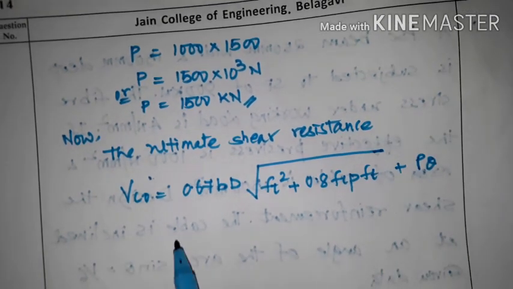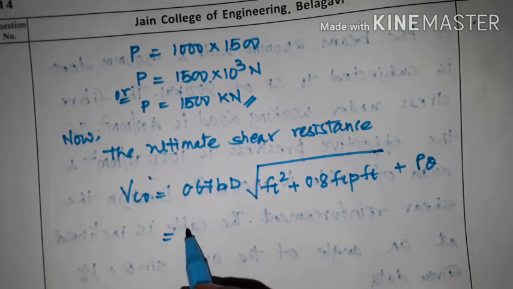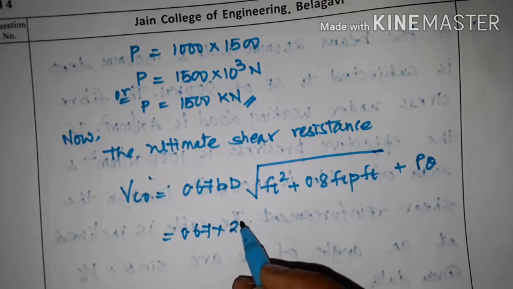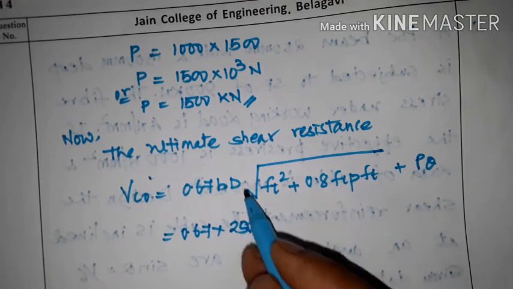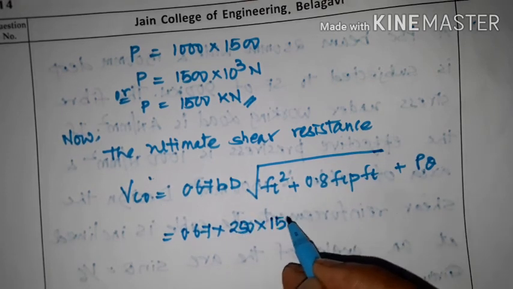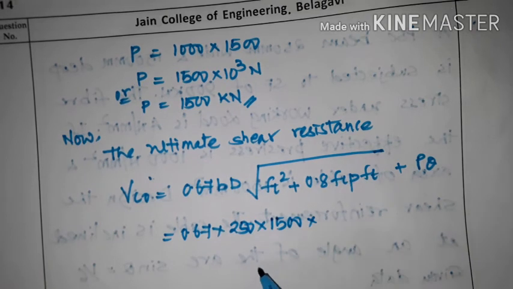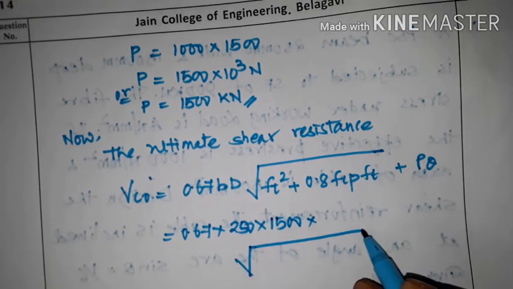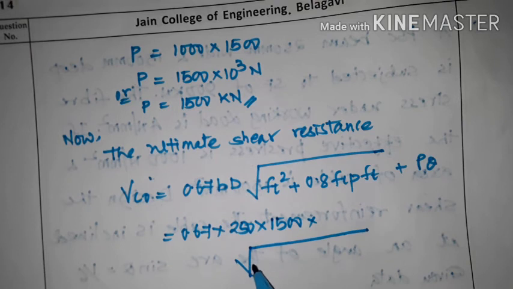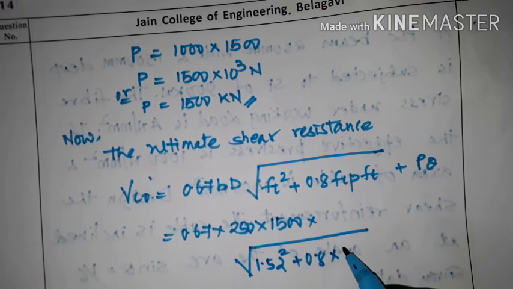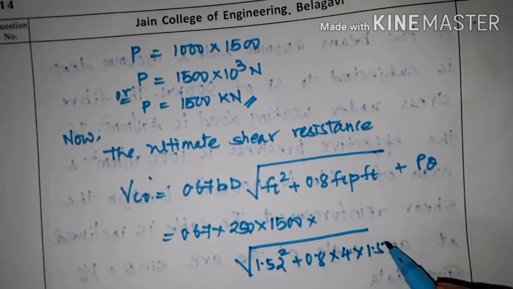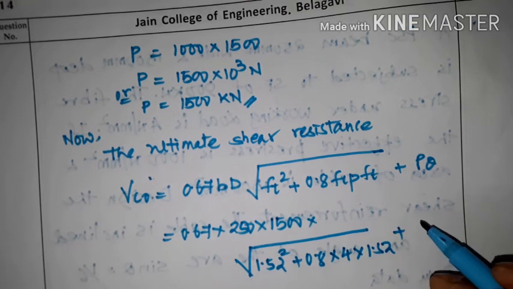So 0.67, B is 250, D is 1500, into square root of Ft is 1.52 square plus 0.8, FCP is 4 and Ft is 1.52, plus P theta.